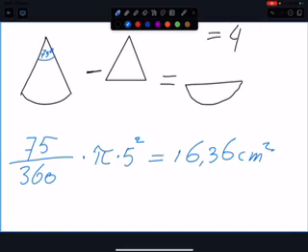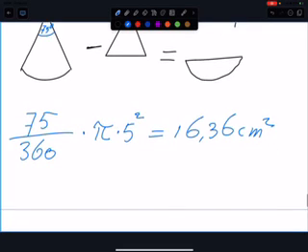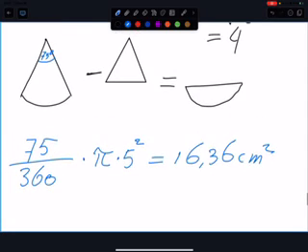The area of the triangle you already know, which is 12 centimeters. Subtract 12 centimeters. So what is left for your answer?